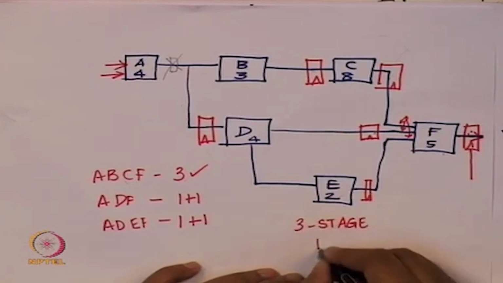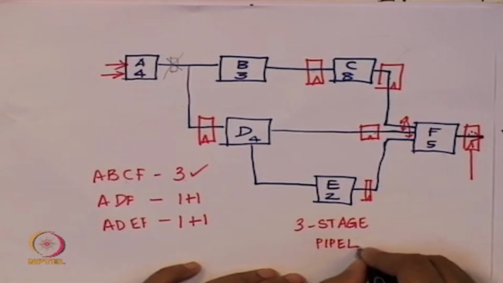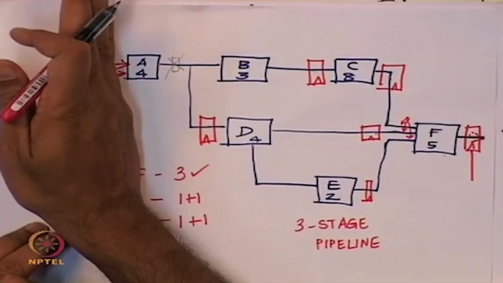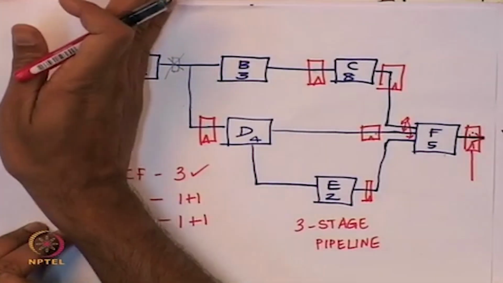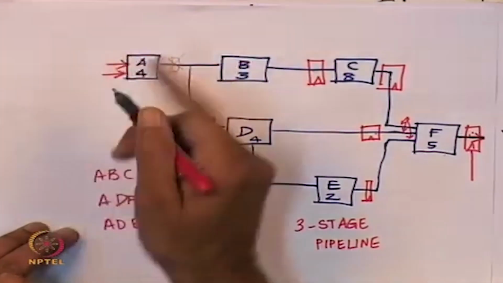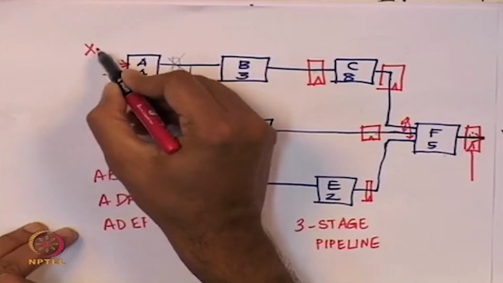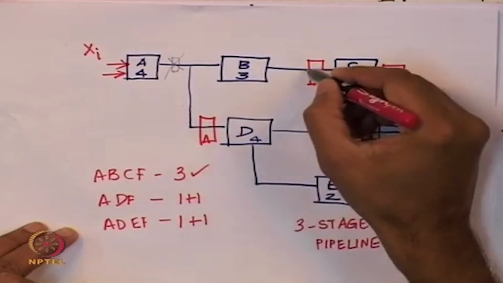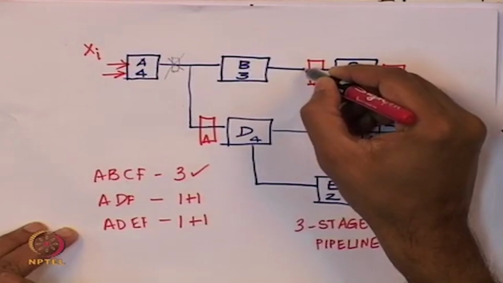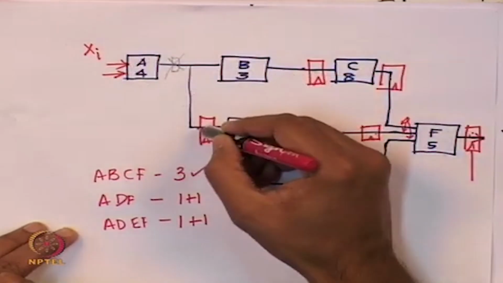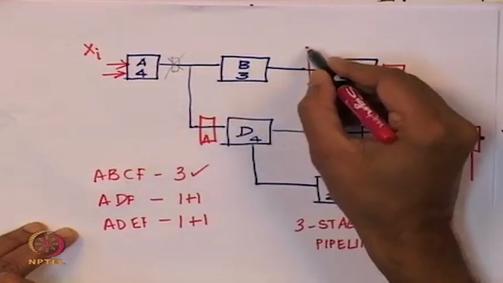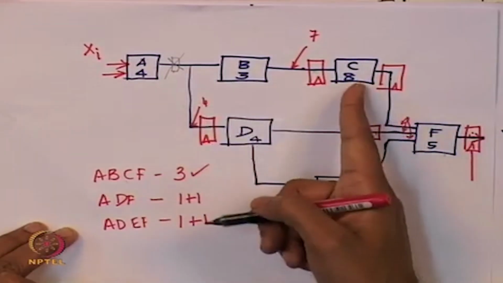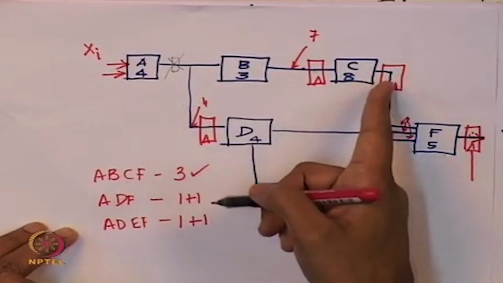Let us look at what the latency of this circuit is. If I give an input here, it will go through A and B. If I give some input here, xi, in 7 time units I will get this processed here, and in 4 time units it will be ready here. So, this will be ready at 7 and this will be ready at 4, but I am going to bring in the clock only every 8 time units.